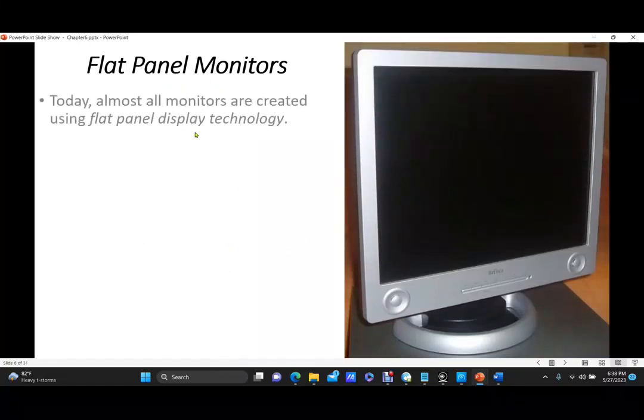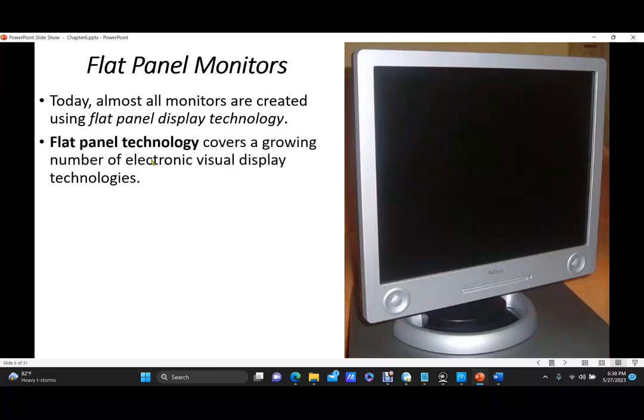Flat panel monitors: almost all current monitors are created using flat panel display technology. CRTs are pretty much gone. Flat panel technology covers a growing number of electronic display technologies.